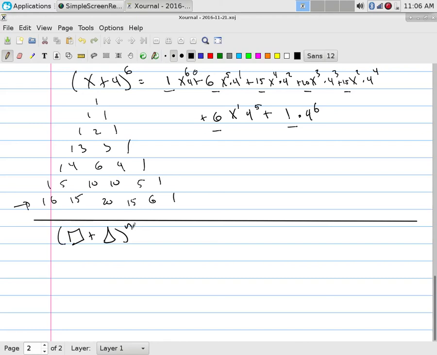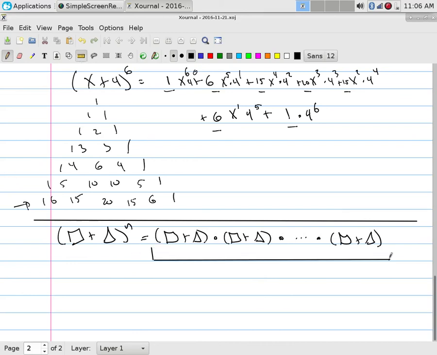If I wanted to multiply it out, like you said, with a bunch of distribution, this would be square plus triangle times square plus triangle times dot, dot, dot, times square plus triangle. How many factors are here? There are n factors. We're going to do this n times.